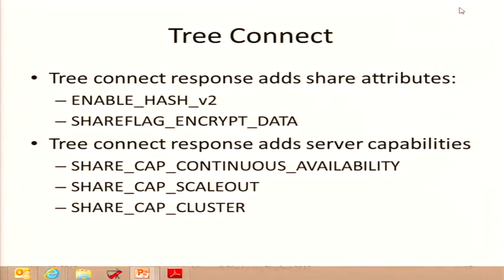Tree Connect. The Tree Connect operation changed to add 2 share attributes. Hash v2, saying that the share to which you've connected supports v2 hash protocol, as well as share flag encrypt data. This is similar to that session flag, but it's scoped to just the share. Normally, in fact, this is the normal case where the share has an attribute that says encrypt this share.